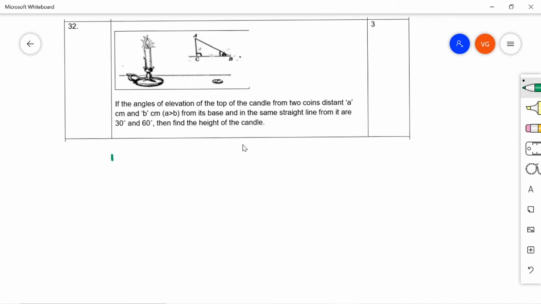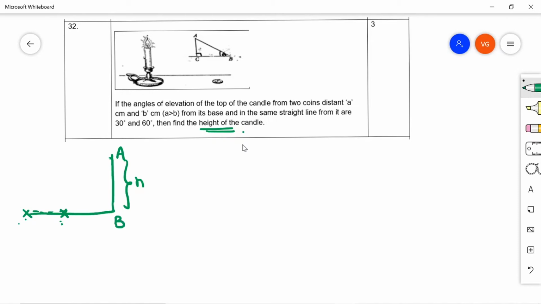So you're given one candle. Suppose the candle height is h, which you have to find out, right? And from the candle, the angles of elevation of the top of the candle from the two coins are given. So two coins are kept at these points. I am marking the height of the candle as AB.